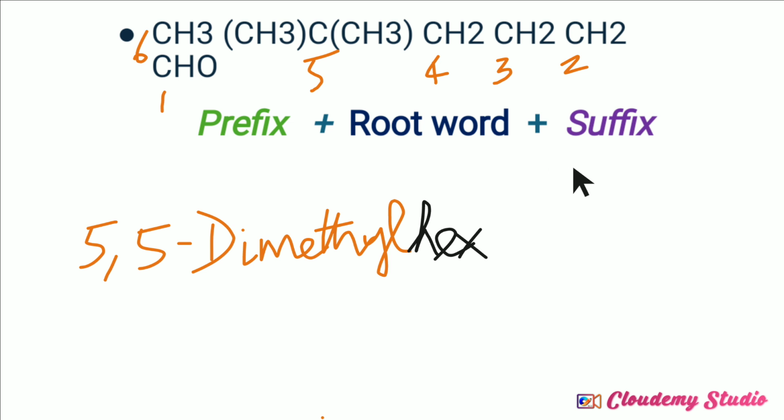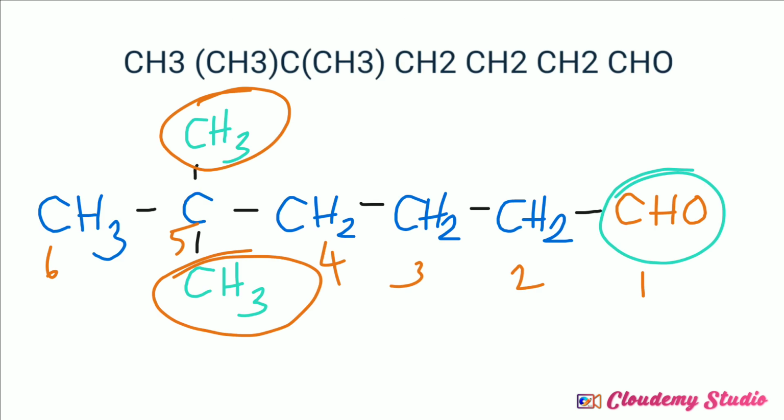Next we need to write the suffix, the end part of the name. As this structure has a functional group, the suffix will be divided into primary suffix and secondary suffix. The primary suffix denotes the type of bond present between the carbon atoms. So between the carbon atoms, which kind of bond is present?